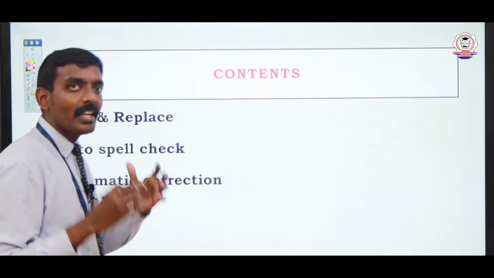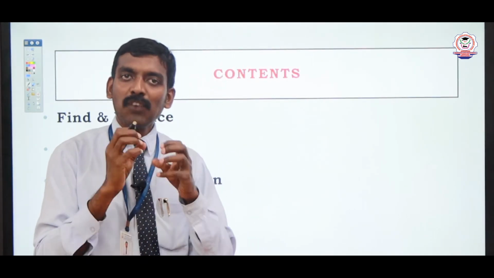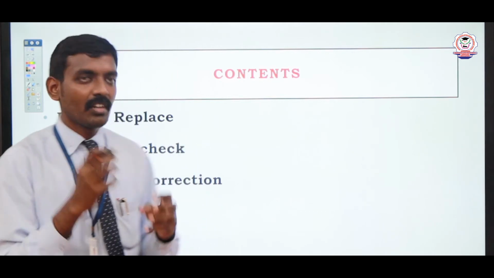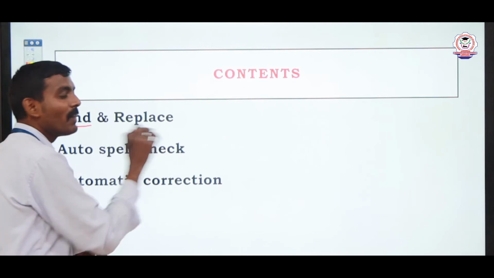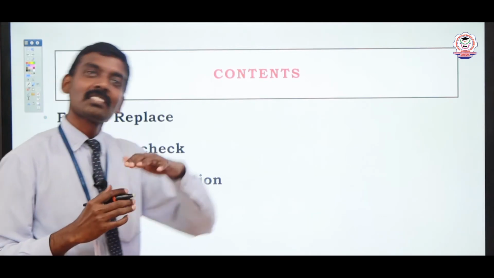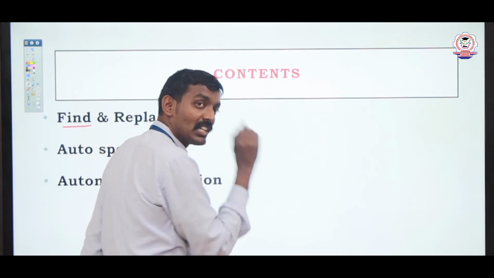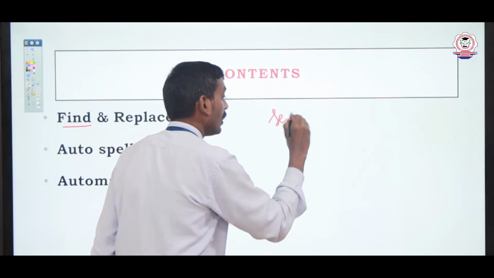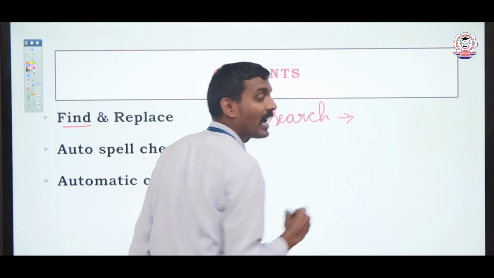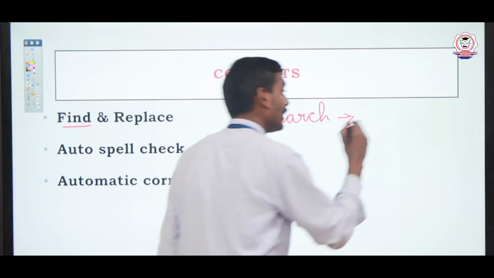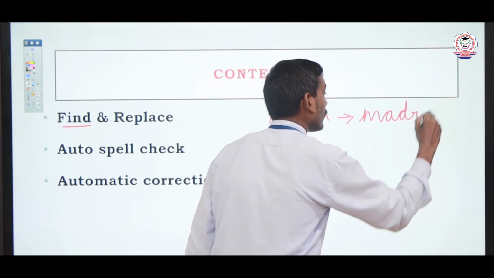Now, find and replace. What does find and replace mean? We want to find, that means search. Find means search. Replace means we want to replace some content. For example, in the search box you can type the content already present, Madras.